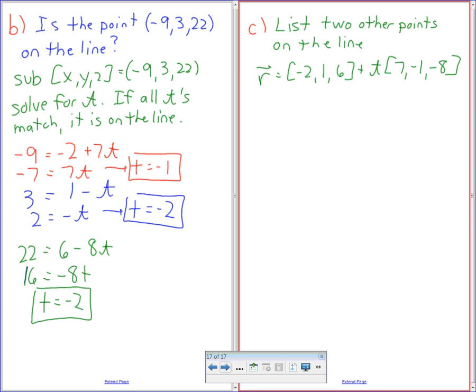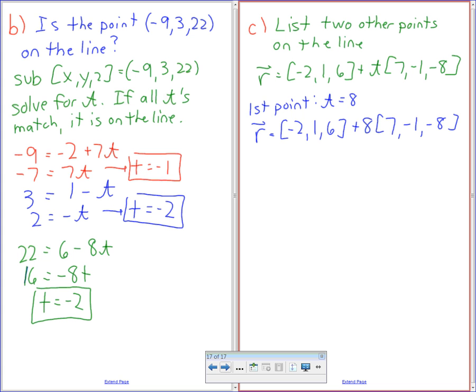So for my first point, what's your favorite number in the world? 8. 8, perfect. So for the first one, we're going to say let t equals 8. So r is going to be negative 2, 1, 6 plus 8 times 7, negative 1, negative 8.